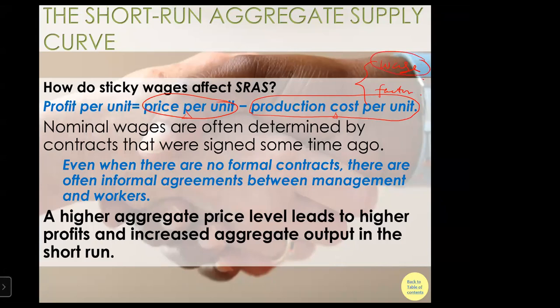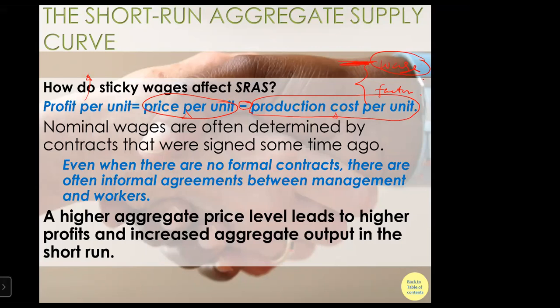Wage is sticky, right? So in the short term, if aggregate price increases, this term is fixed, but remember this is a negative sign, hence that's going to boost up profit per unit in the short term because of sticky wage.